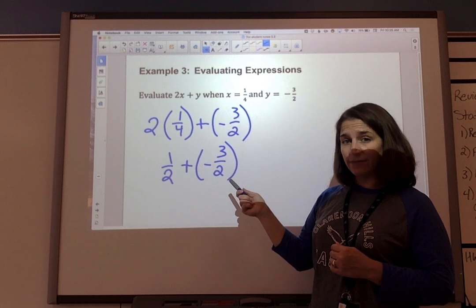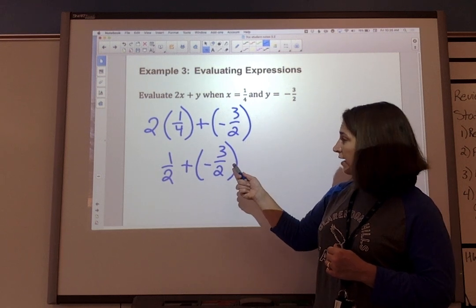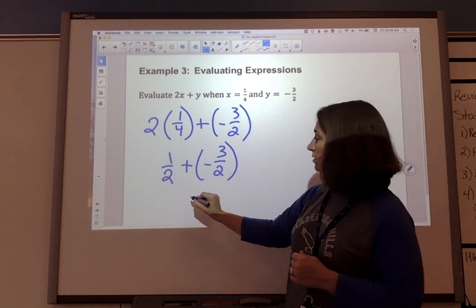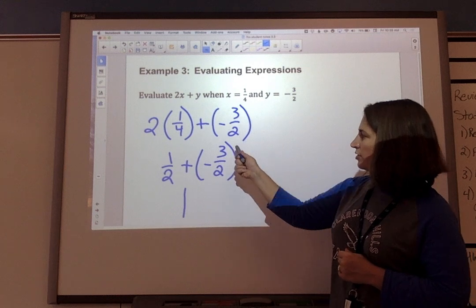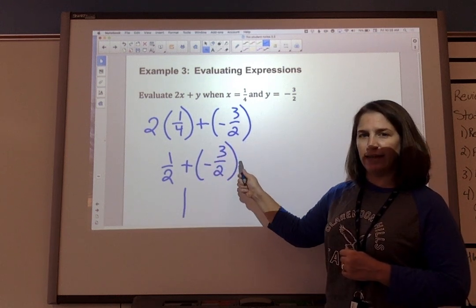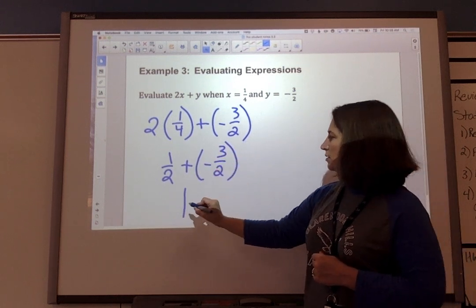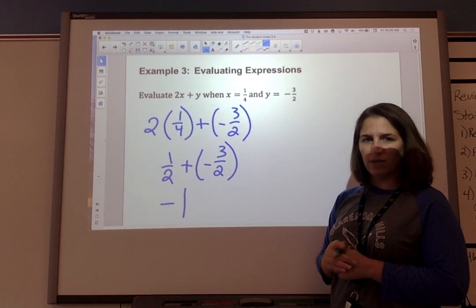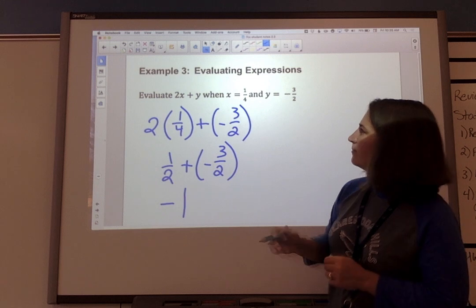So I'm going to take the difference between them. 3/2 minus 1/2 is 2/2, or 1, but the larger absolute value here is the negative rational number. So that means our sum is going to be to the left on the number line, into the negatives, negative 1.